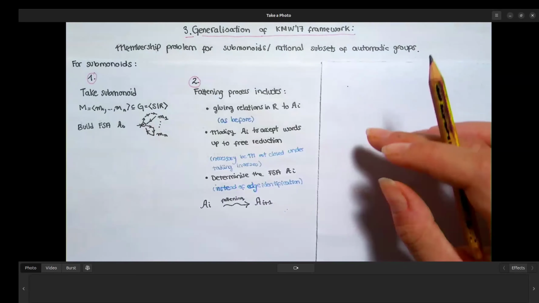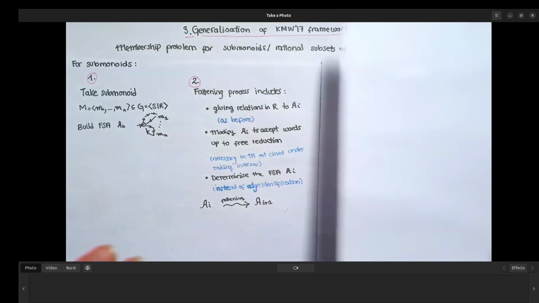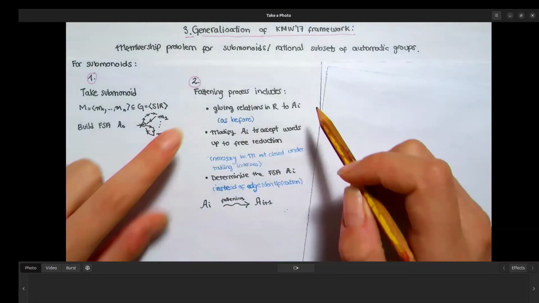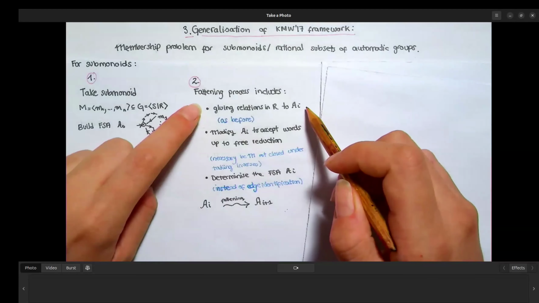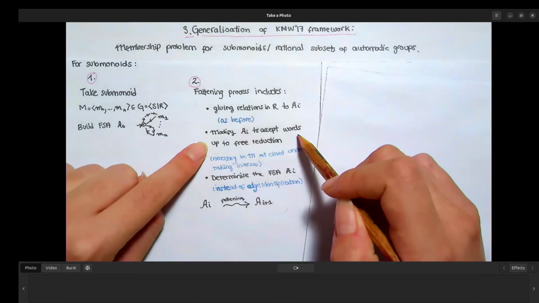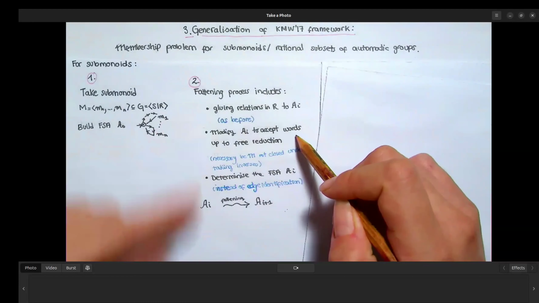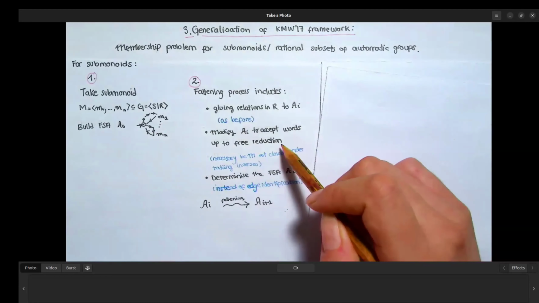So in this case, what we need to do is add relations to each of the A_i, and this is the same as we had to do before. We also need to modify the A_i to accept words up to free reduction.